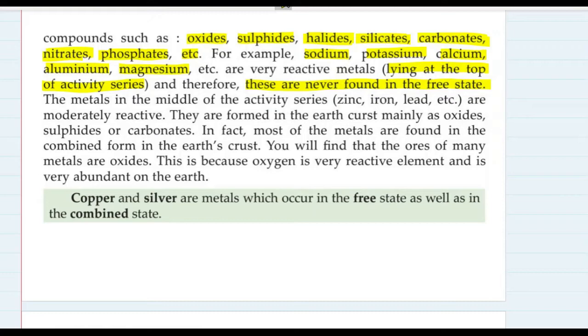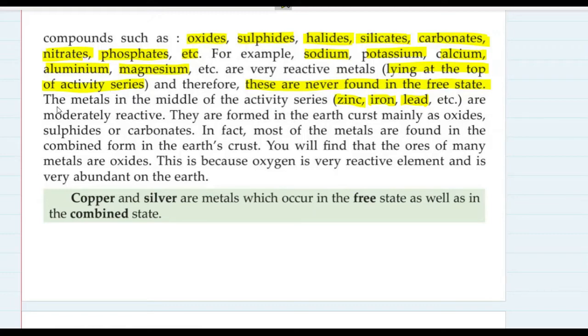The metals in the middle of the activity series, for example, zinc, iron, lead. See how they have divided the metals. The metals which are found in combined state, one section of them are at the top of the reactivity series: sodium, potassium, calcium, aluminium, magnesium. One section of them are in the middle of the reactivity series: zinc, iron, lead, etc. They are moderately reactive.